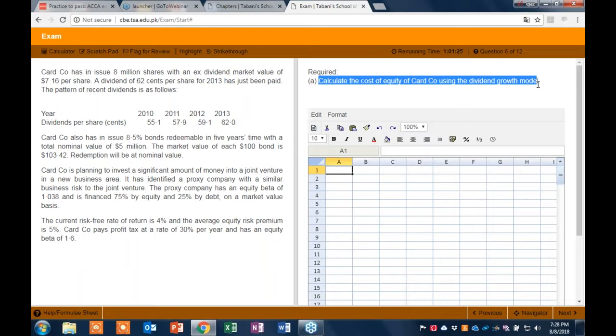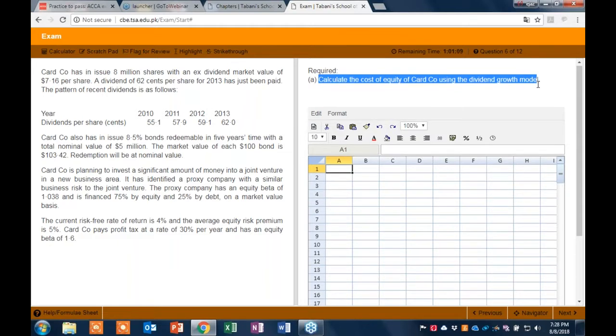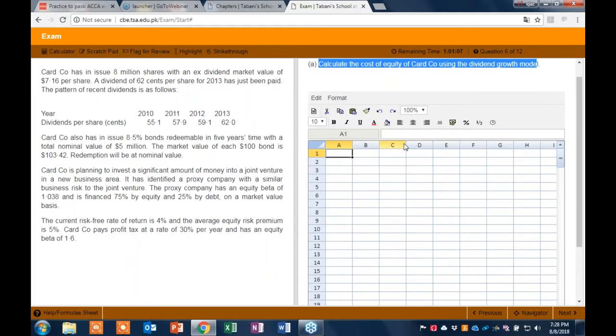Now we have to calculate that cost of capital which we were using for calculating net present values. One of the components of cost of capital is the cost of equity. So first, let's learn how to calculate cost of equity. For calculating the cost of equity, we have two main models.